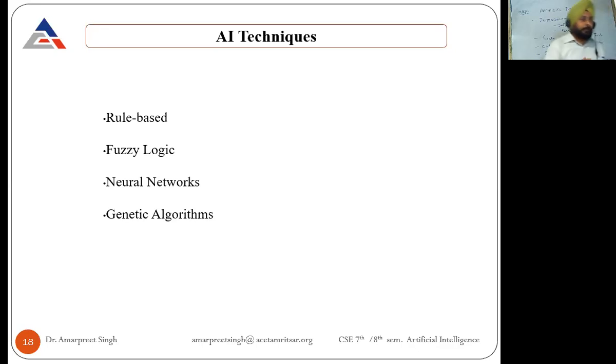The next technology is neural networks, or more precisely, artificial neural networks. The study of neural networks is basically the study of the biological nervous system that human beings have. So we have to study our brain and our nervous system. Then only can we see how to model that human nervous system into computers, into machines.